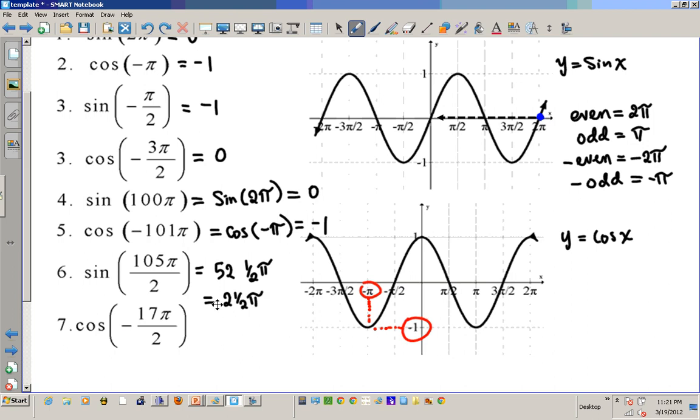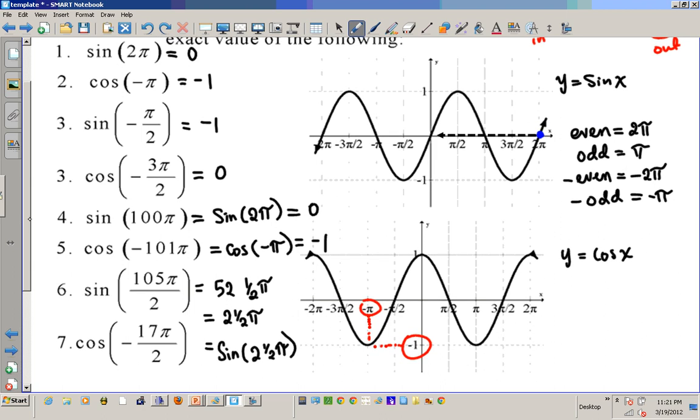So what is sine of 2 and a half pi? Alright? So we're going to go up to the sine graph. This is the sine graph right here. We have 2 pi. So if this is 2 pi, 2 and a half is simply going to be the next mark, right? If I extend this graph up a little bit to the next mark, where do you think it's going to end up?